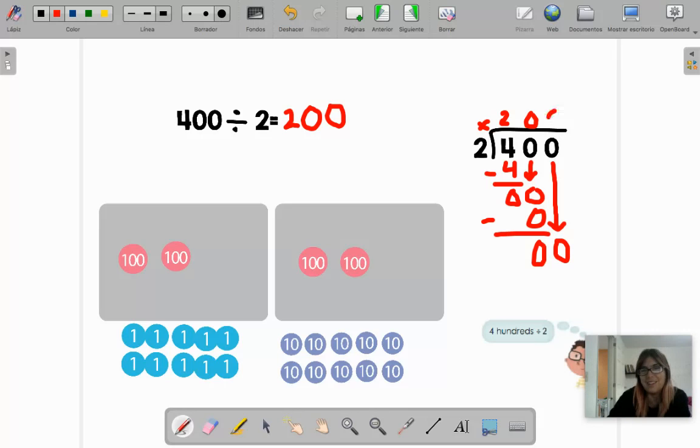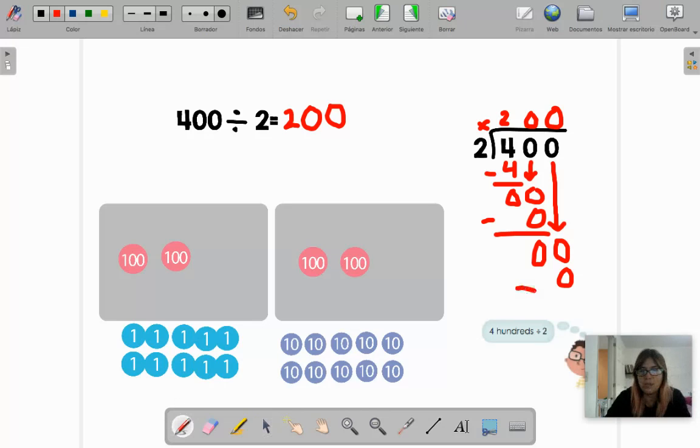Again, 0. Excellent. So 0 times 2, put the answer here, 0. Okay? Very good. And then, even if it's a 0, right now follow the steps because in the next one we don't have 0. So still, let's do it.